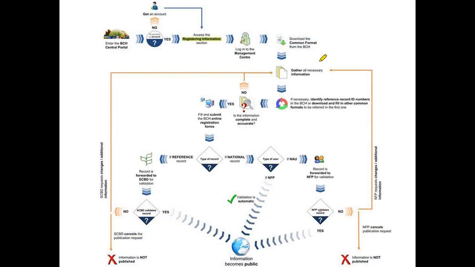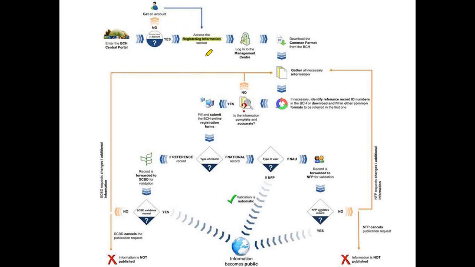It's a bit small, but this is a diagram that you can find in the BCH Registering Information Manual. That is the flow of information, a flow diagram of all the activities when you are a user of the BCH and you perform as a National Authorized User or as a focal point.